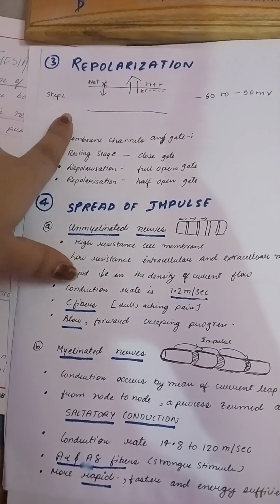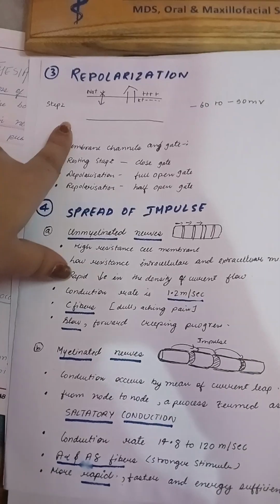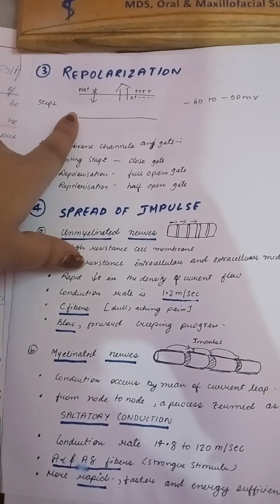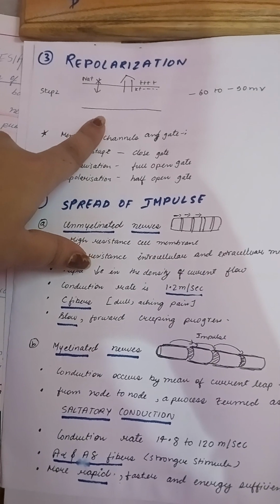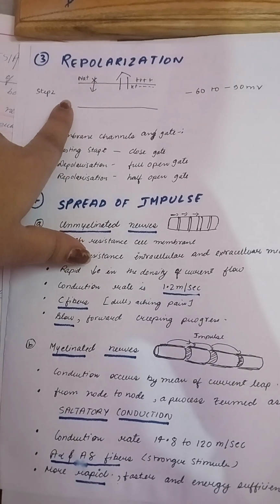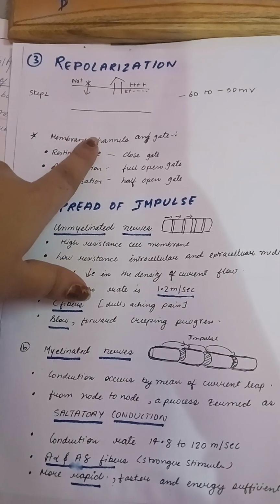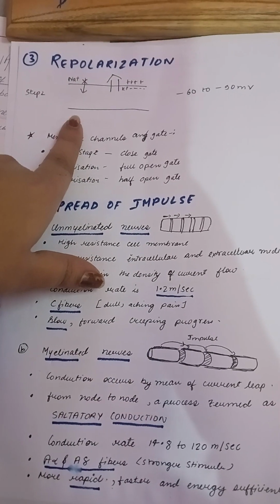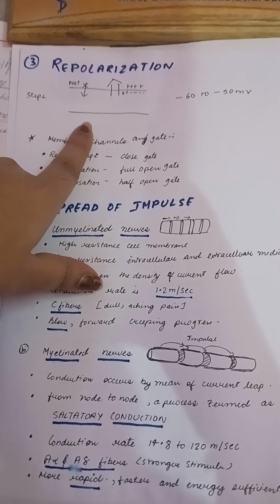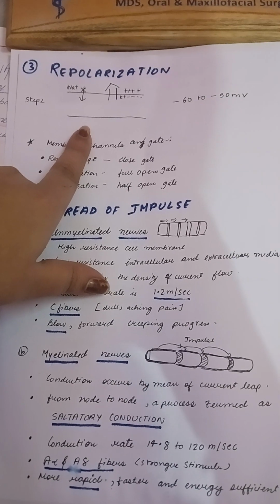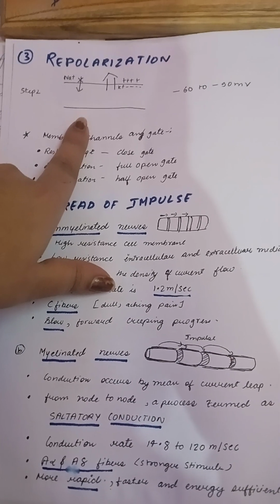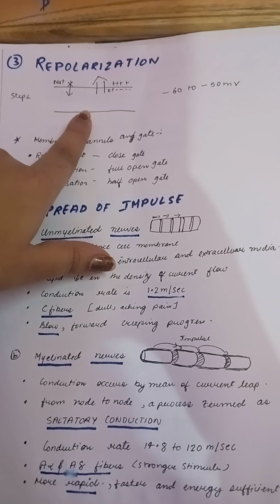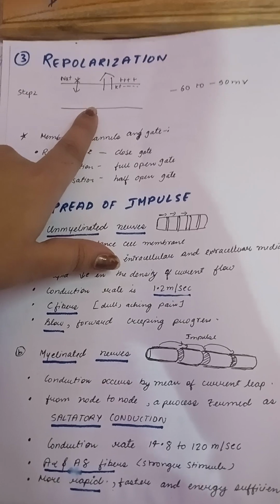That is the phase of repolarization. First there is resting membrane potential, positive outside, negative inside. Then there is depolarization and then repolarization. In depolarization there is negative outside, positive inside, and again in repolarization there is positive outside and negative inside.